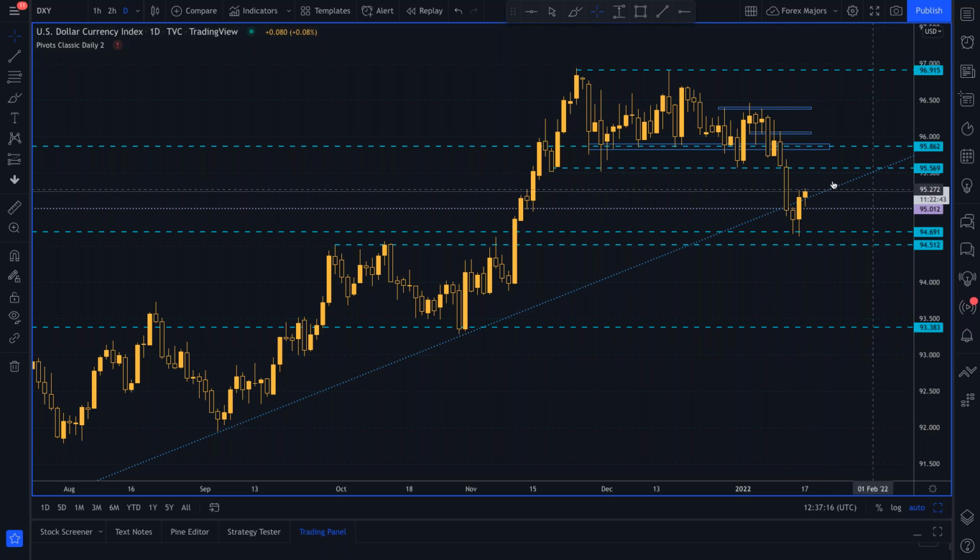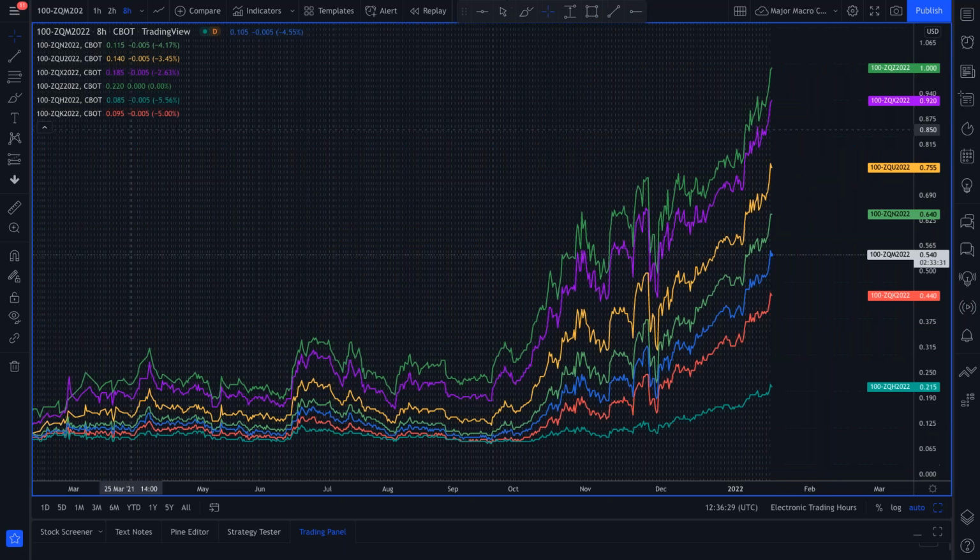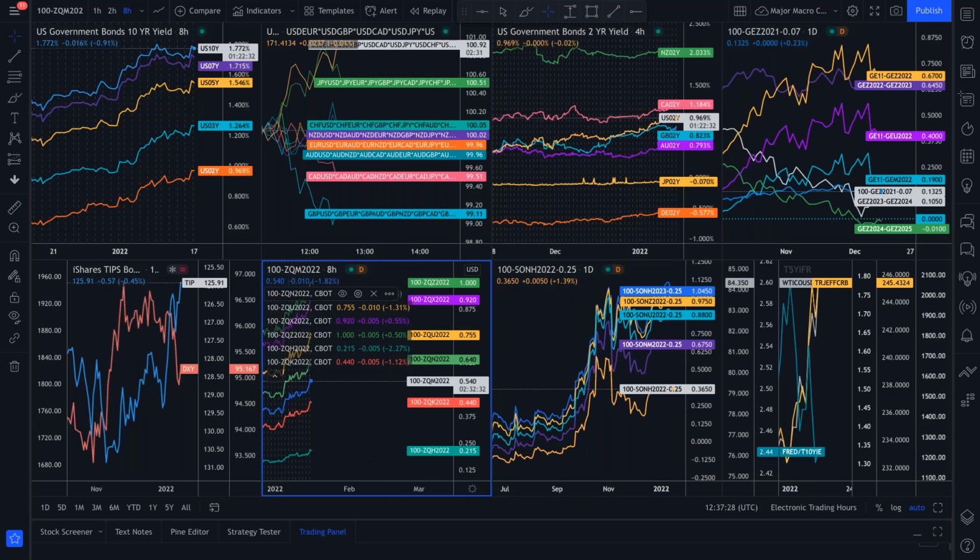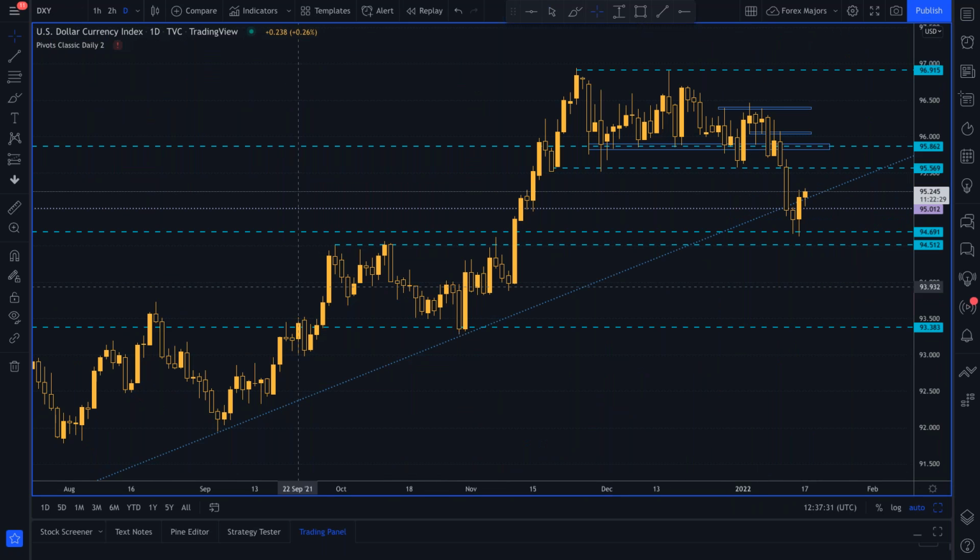Now, what the medium-term path for the dollar is, is uncertain. It comes down to what expectations the Fed will do in terms of their interest rate hikes. That's what's been driving the dollar. If the Fed seem to be more hawkish more quickly, then that should support more dollar strength.